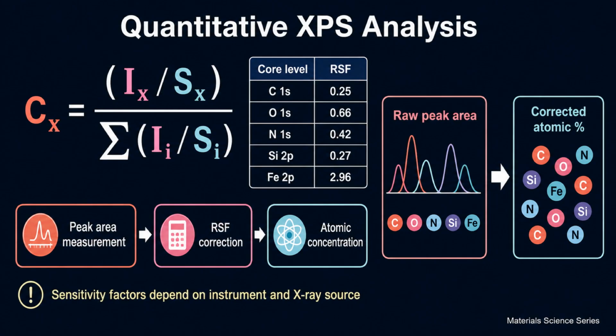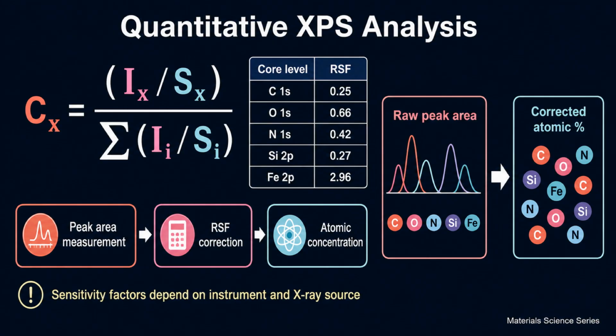Quantitative XPS analysis converts peak areas to atomic concentrations using relative sensitivity factors. The quantification equation divides each peak area by its sensitivity factor, then normalizes by the sum of all corrected areas. Sensitivity factors vary by element due to differences in photoionization cross-sections and analyzer transmission.